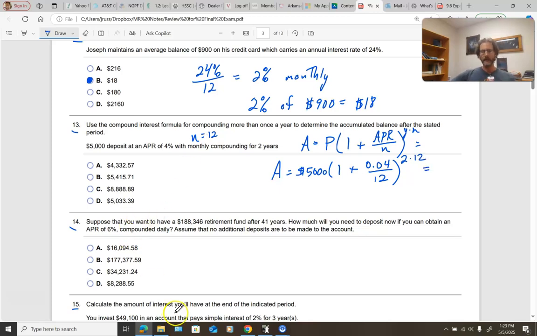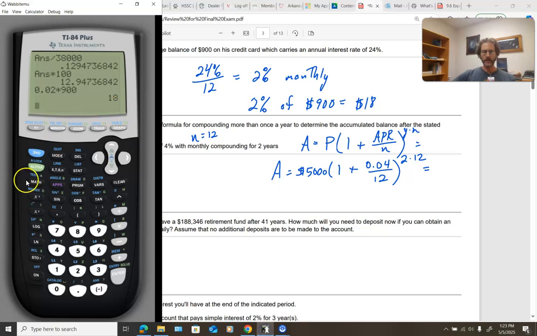Okay. And guys, remember, this is one that you can type in exactly the way you have it written. There are those parentheses. Let's raise this to the power of, we could just say 24, right? 2 times 12 is 24.